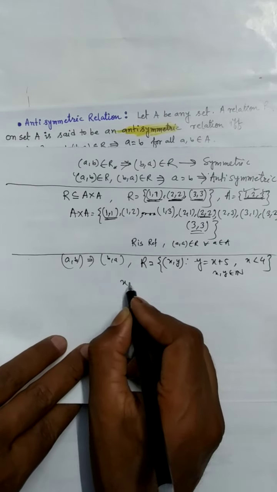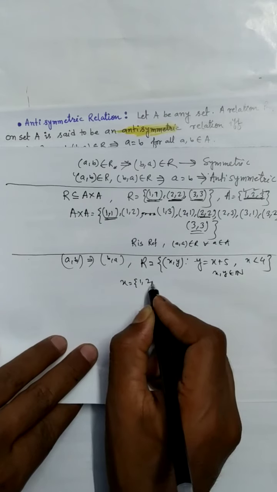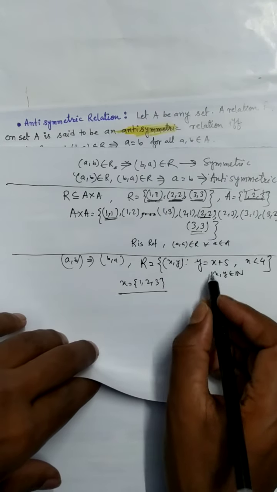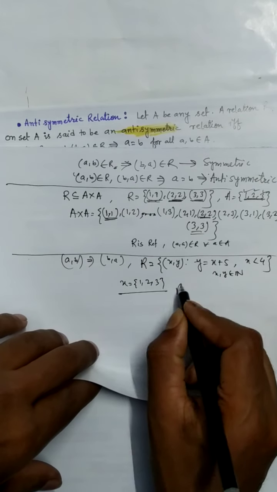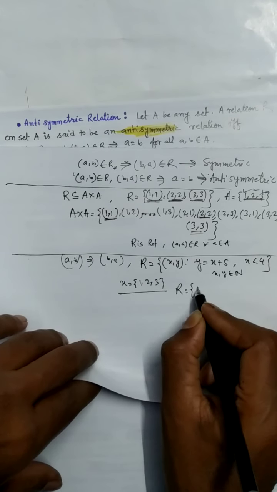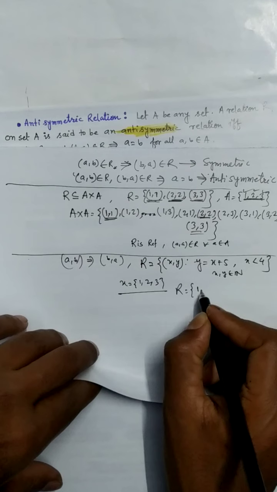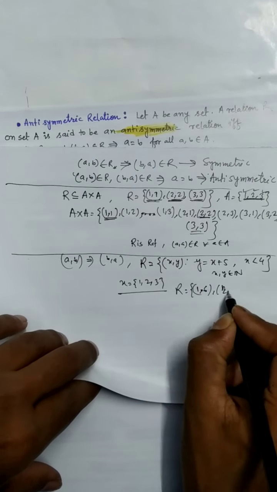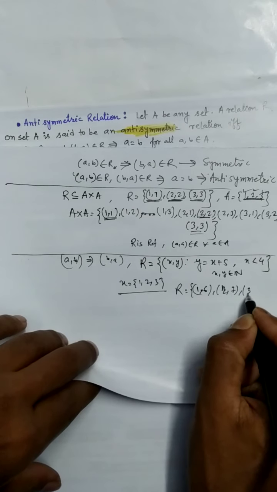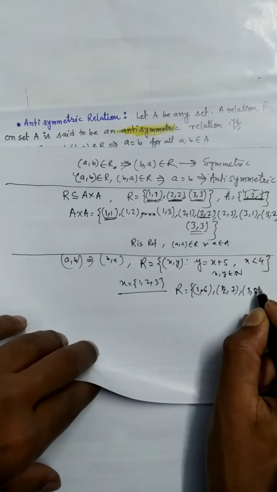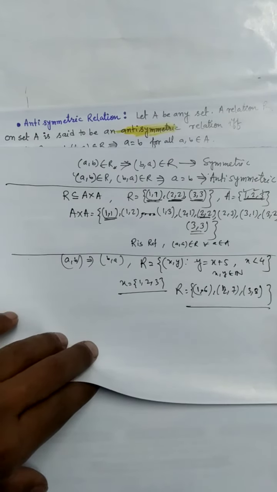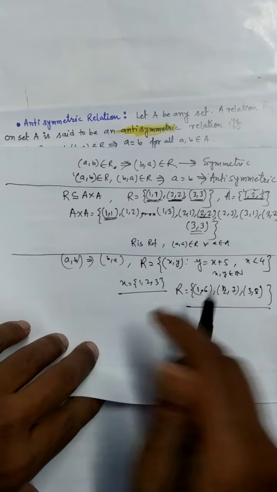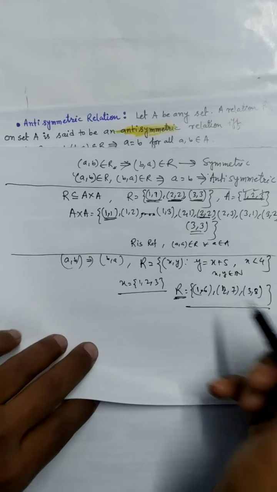So x less than 4 means what? x will be 1, 2, 3. If you write it in roster form, then it will be (1, 6), (2, 7), (3, 8). So these elements will be in this relation.